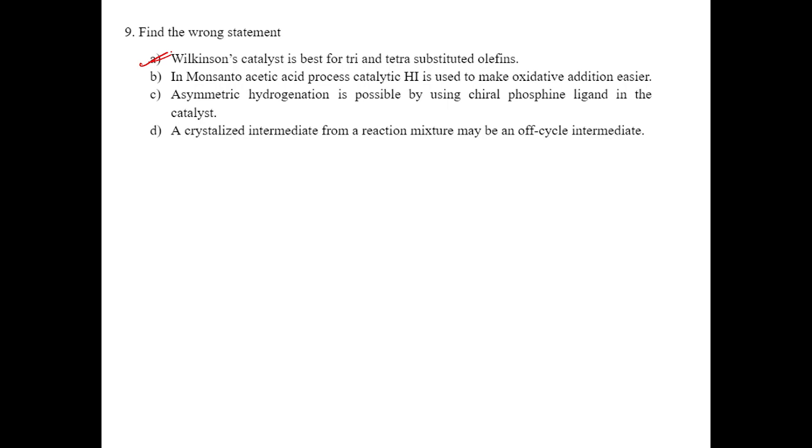If it is crystallizing, it is an off-cycle intermediate, meaning it is not part of the cycle. It can also be a product, if possible. You understood?